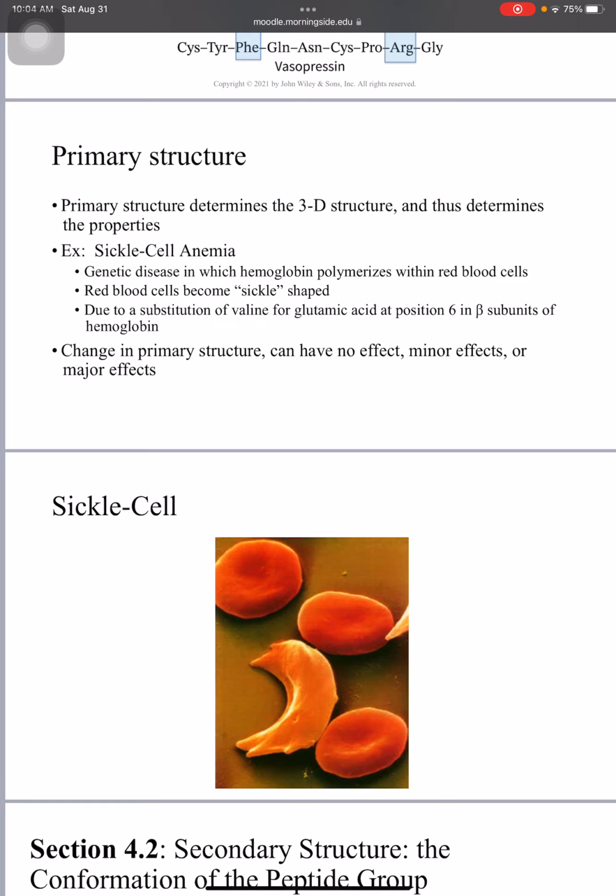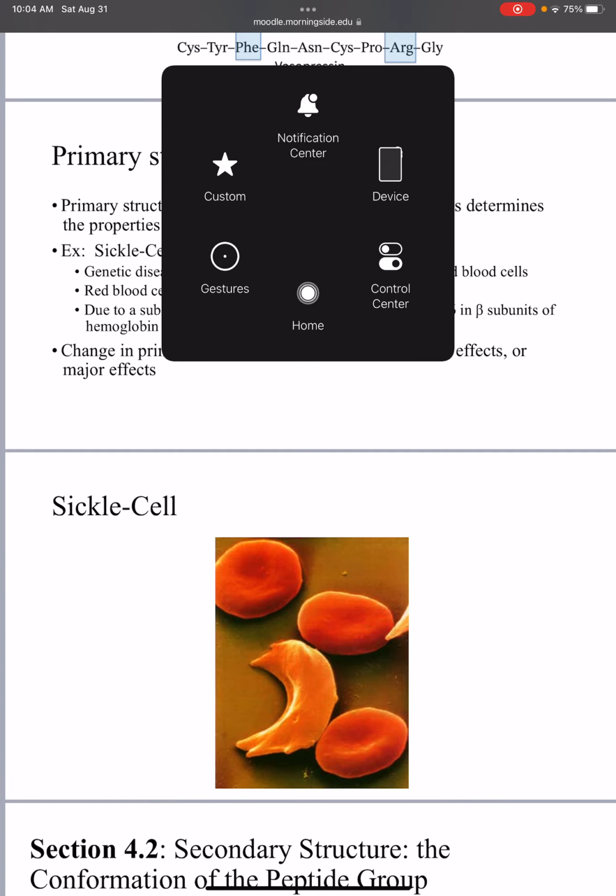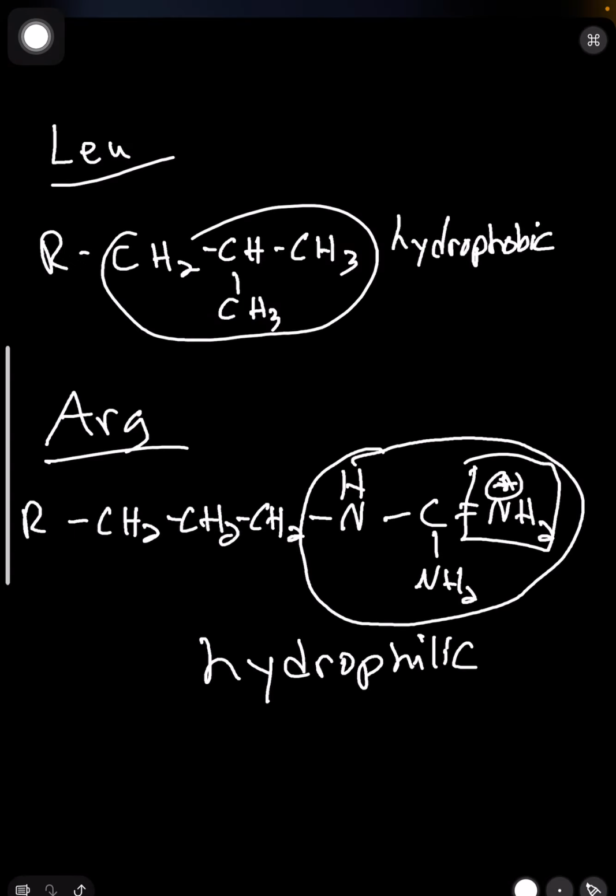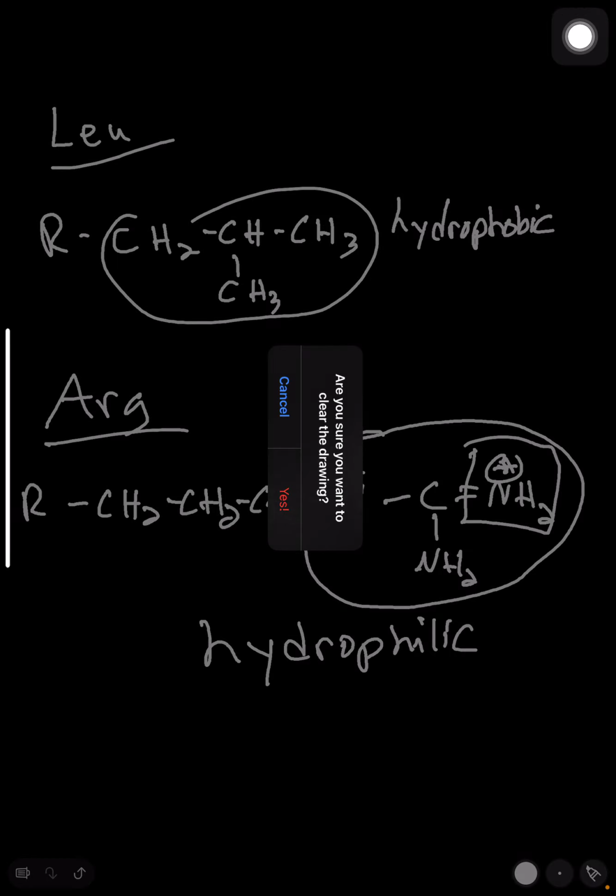All right, let me show you what that looks like. This is what's normally present. Normally you have a glutamic acid residue in hemoglobin at that position. Again, I'm going to just draw the side chain here.